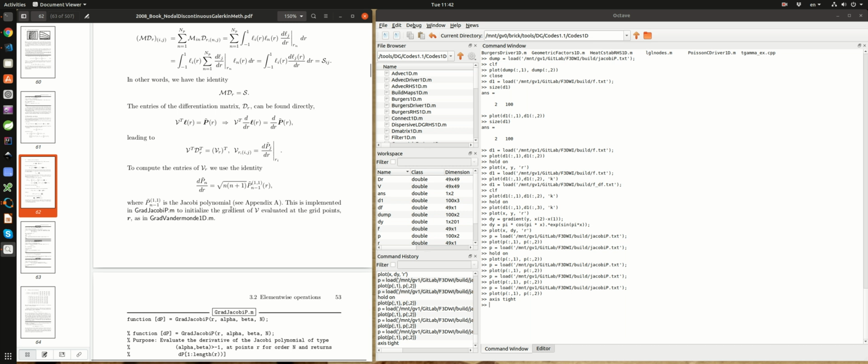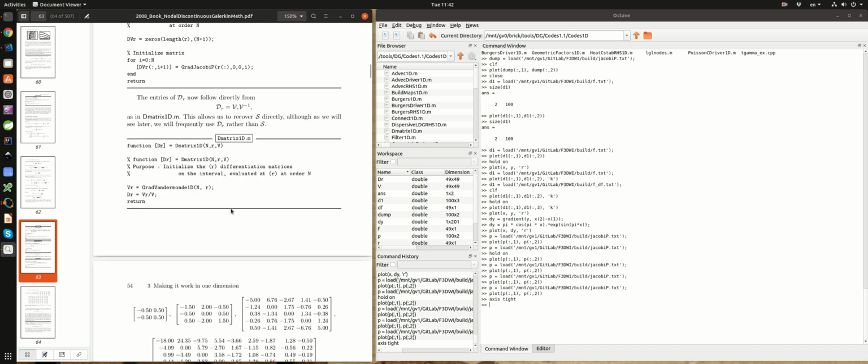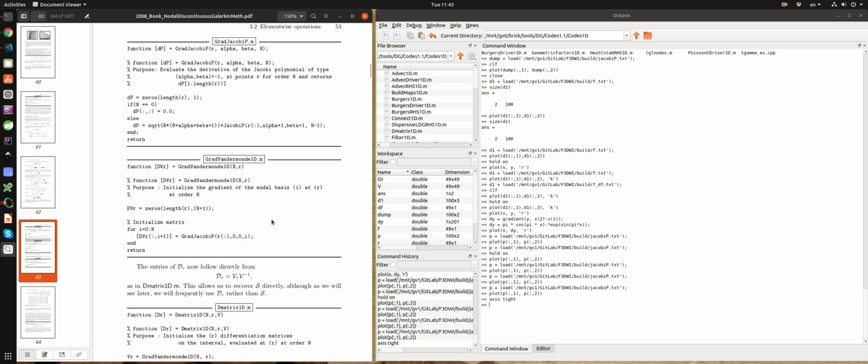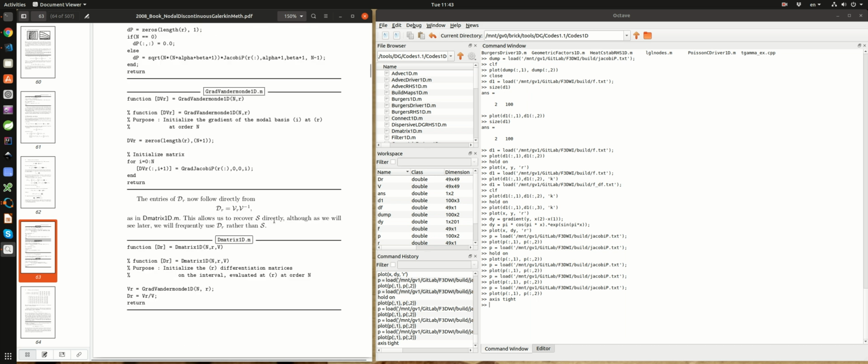It's constructed by multiplying Vr with the inverse of V, and V is the Vandermonde matrix. You just take the inverse of it and then multiply with Vr. And what exactly is Vr? Vr is the derivative of the Vandermonde matrix.